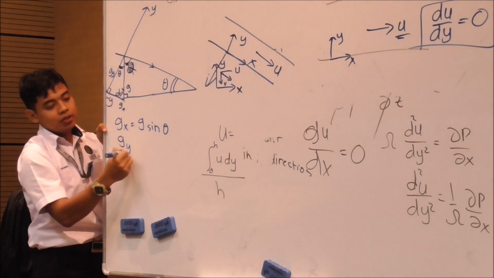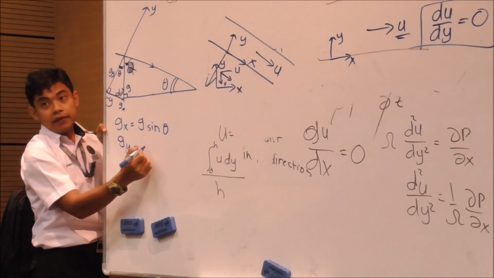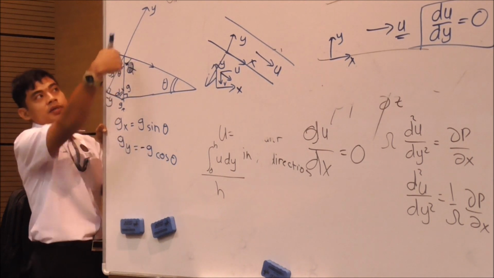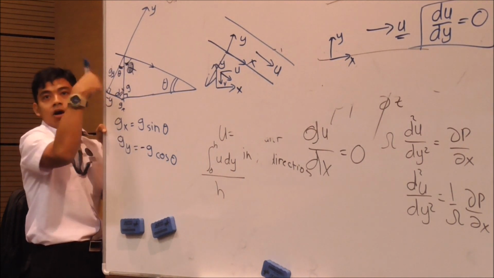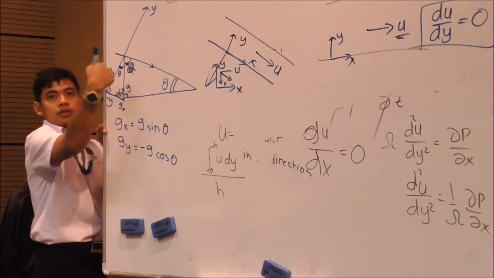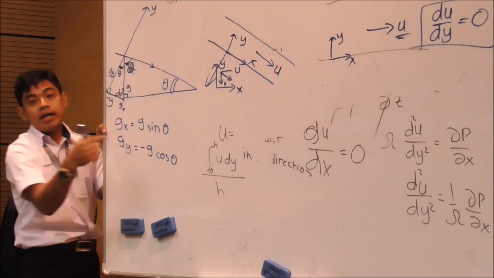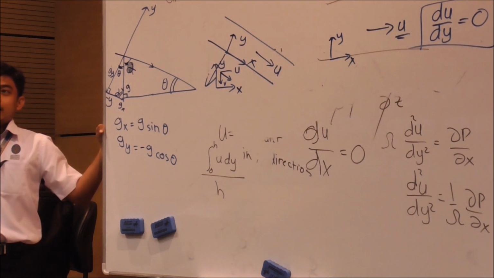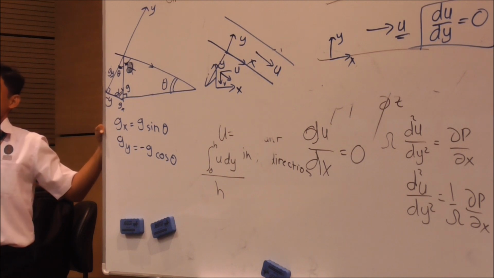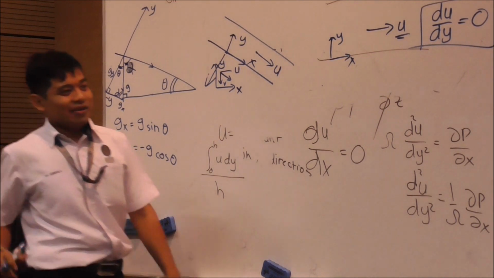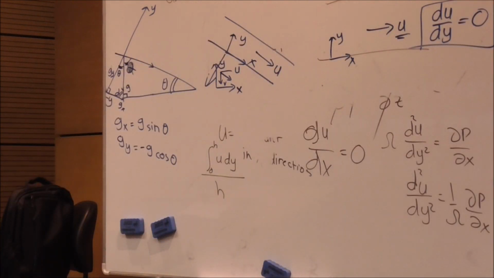And then your gy is negative g cos theta. Why it is negative? Because gravity is working in the opposite of the y direction. It is on this direction. So that's why you get negative g cos theta. Clear? Until this point, am I going too fast? Okay. If not going too fast, now I need to speed up a little bit.